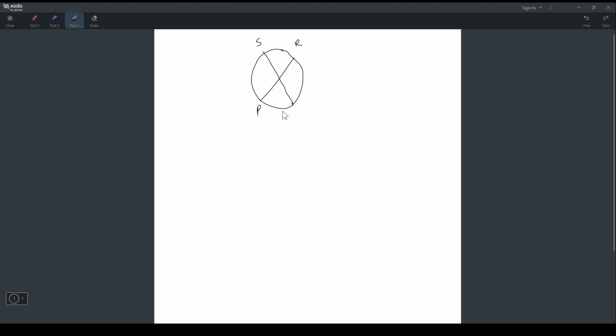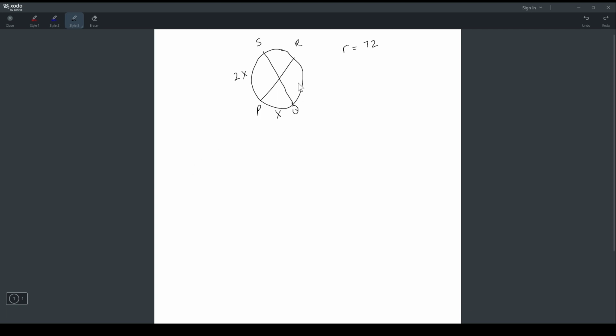Okay. P Q. I know my R is 72. If this is X and this is 2X, right? Because of the information given. Hold on, my kitten. Get out. Go. Okay.